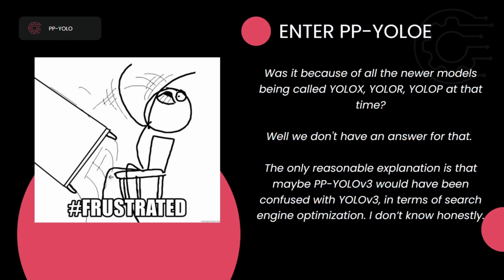They were using letters instead of numbers to describe new versions? Well, we don't have an answer for that. The only reasonable explanation is that maybe PP-YOLOv3 would have been confused with the YOLOv3 model in terms of search engine optimization. I don't know honestly, but they named it PP-YOLOE, which might stand for an extension for the PP-YOLO model.